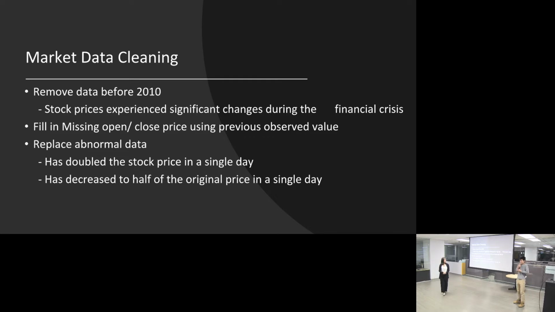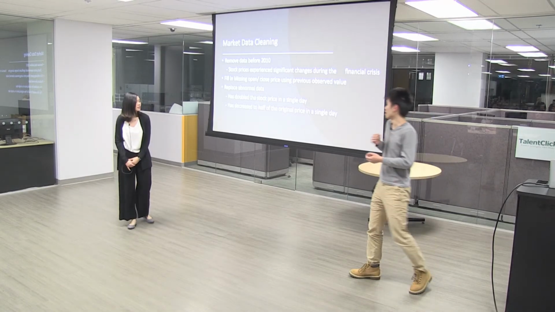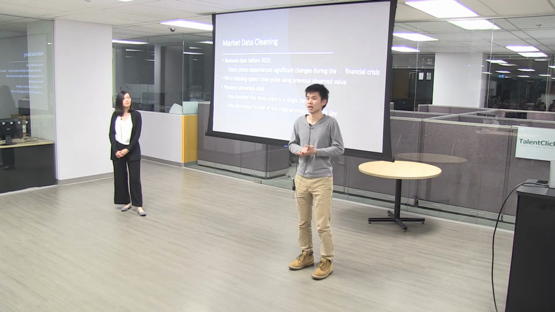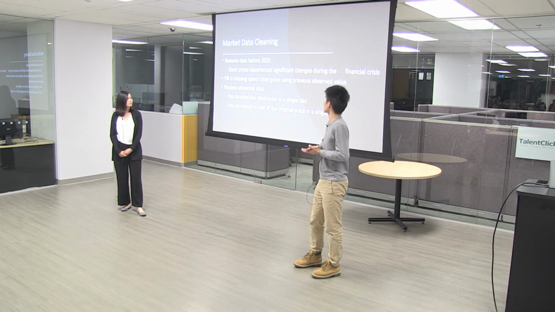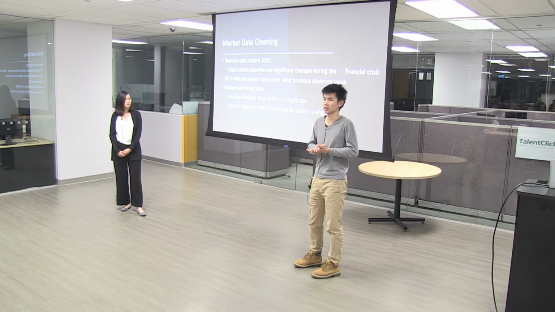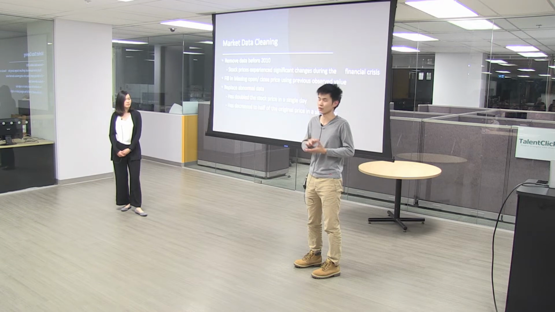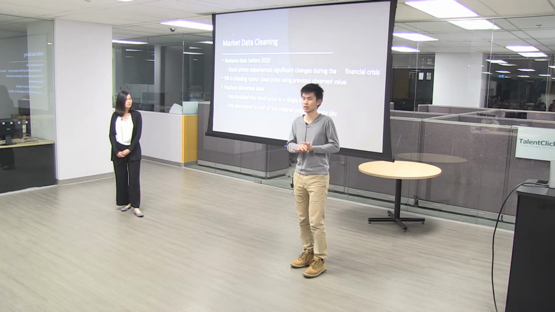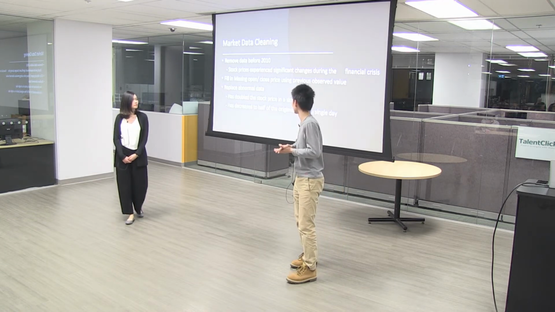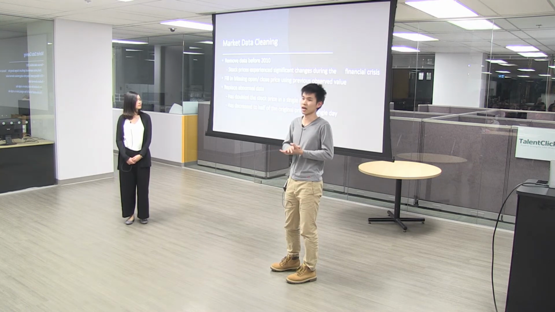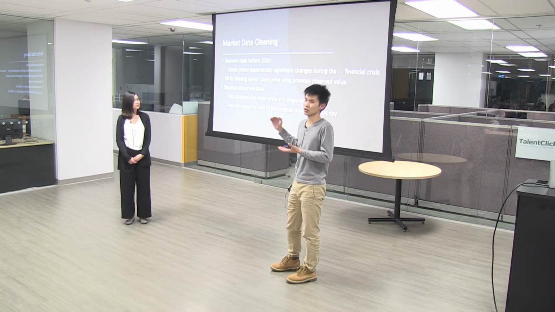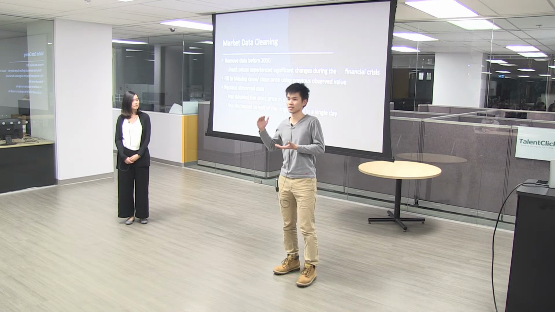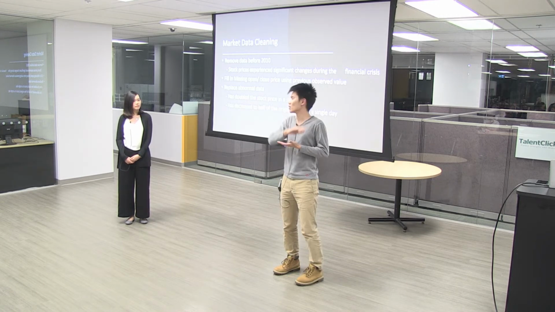May I add a little bit about this part? The reason why we want to exclude the data before 2010 is mainly because of the financial crisis, of course. Also, if you look at the stock price history from the late 2009 until now, we are actually in a bull market, which means the market is going up in a trend.